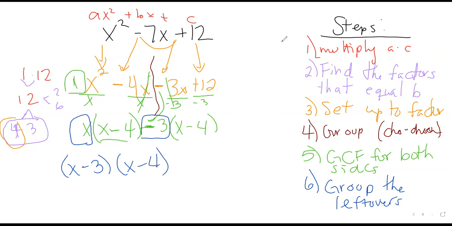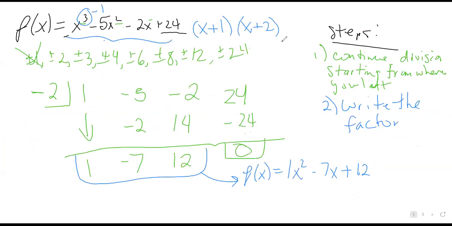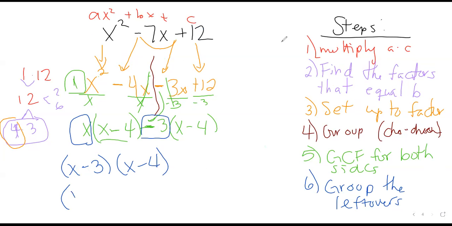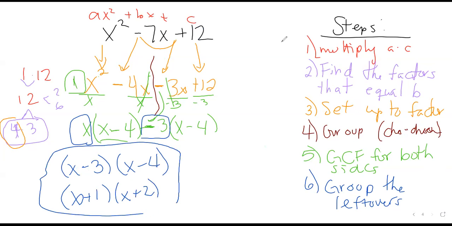Yes? Now those get to be paired up with the other two factors that I found, which were x plus 1 and x plus 2. And these are my 4 factors of that original polynomial that we found.